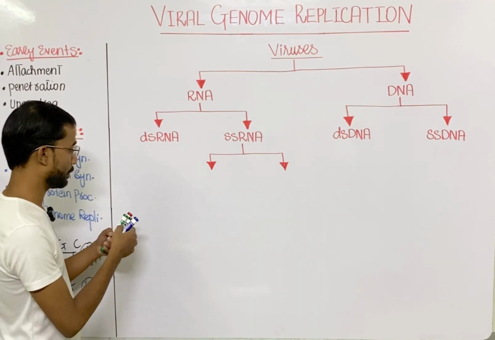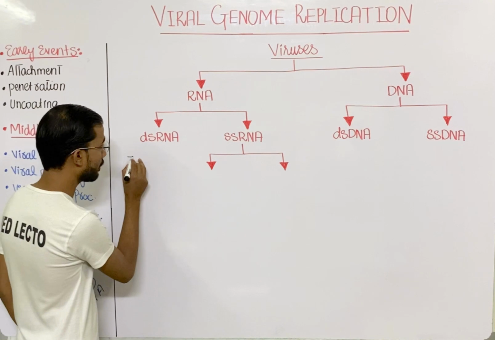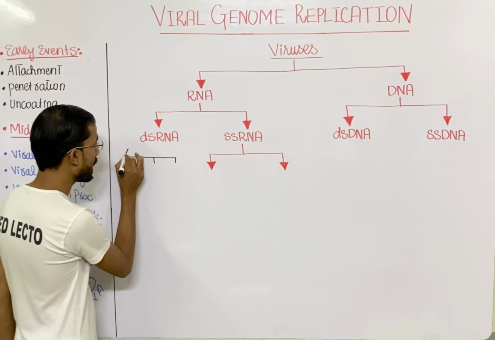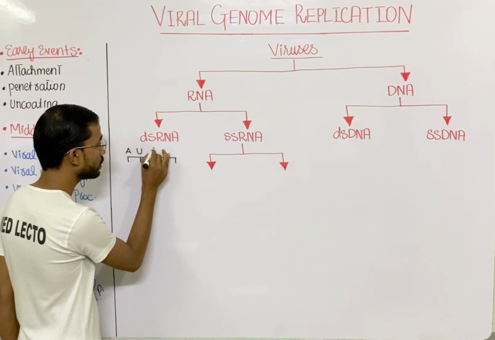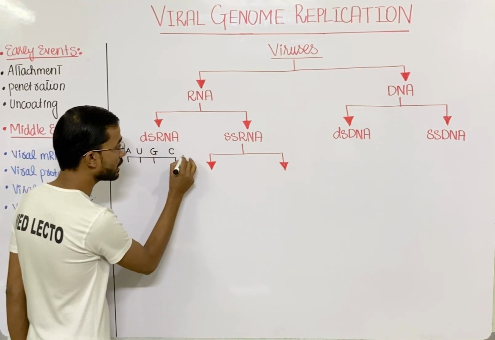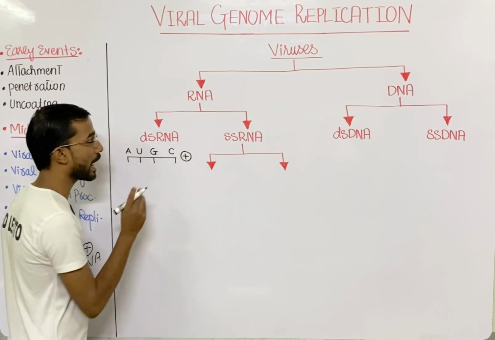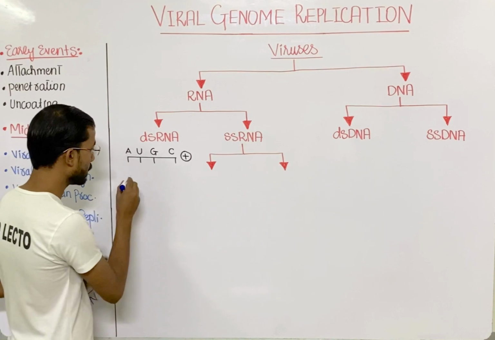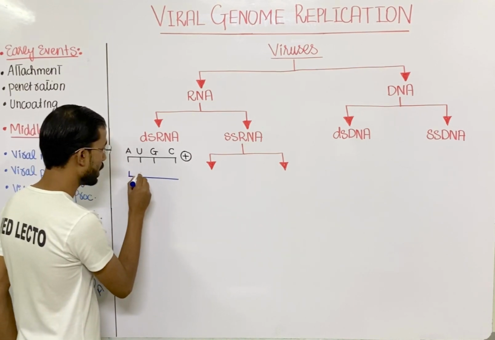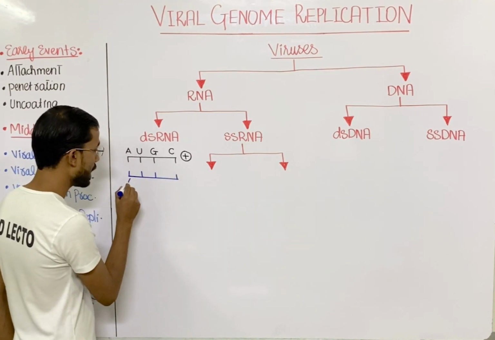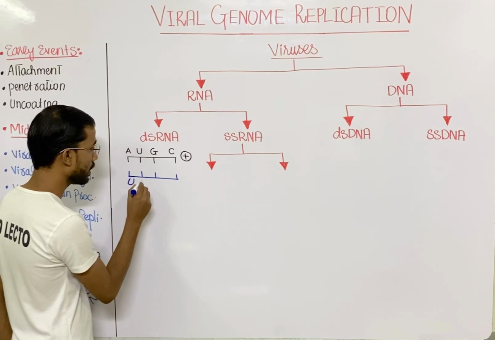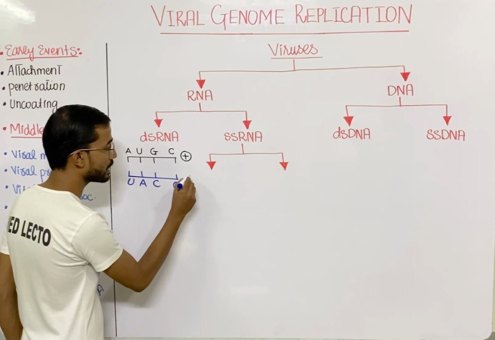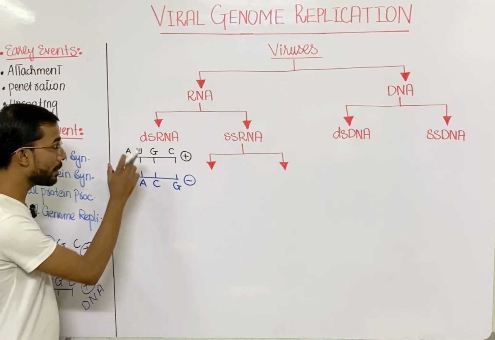I'll write it here: A U G C is the positive polarity RNA, and on the opposite side U A C G, which is the negative, complementary strand.